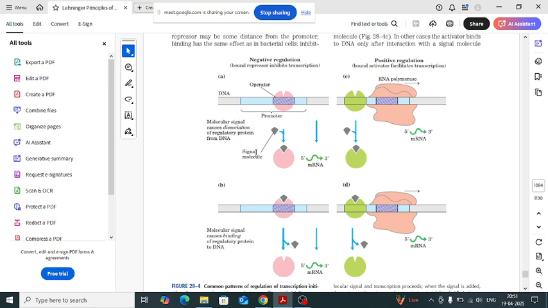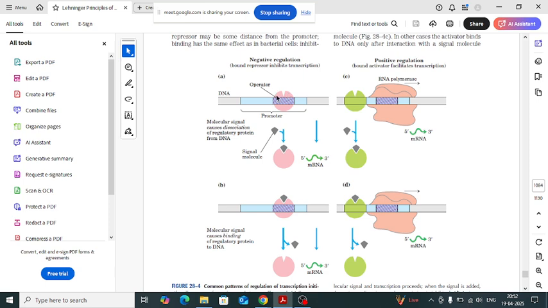And this operator region is blocked or repressed by some molecule or protein. So when the cell needs to express that particular gene, normally it will not happen, because at the promoter site there is a region called the operator, and a repressor is already bound to this operator.